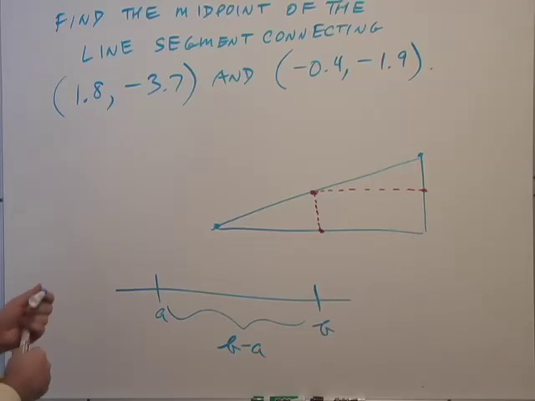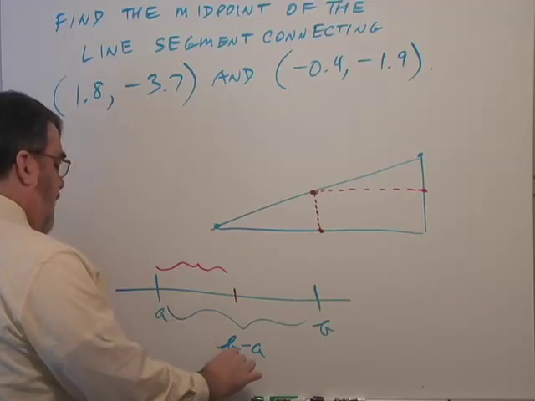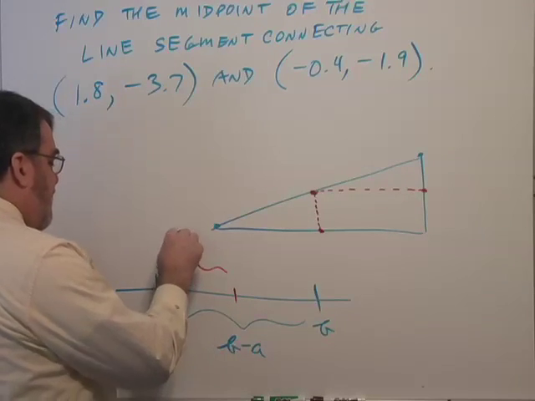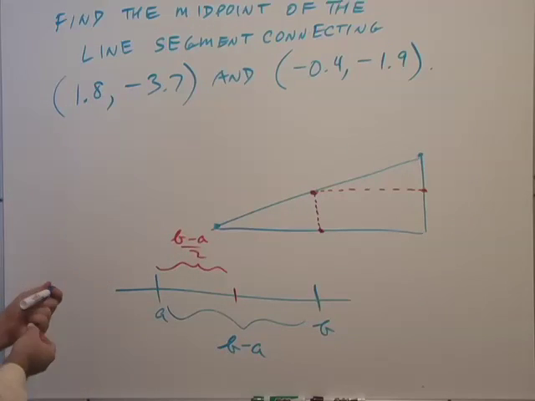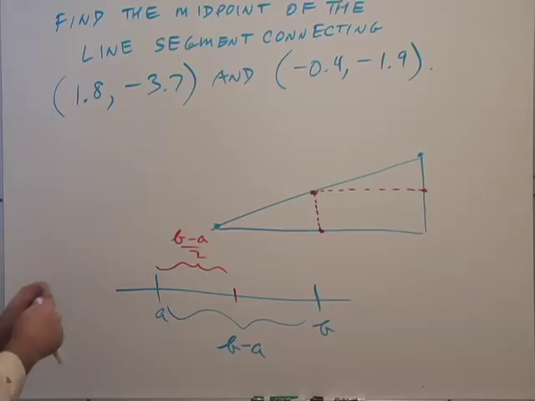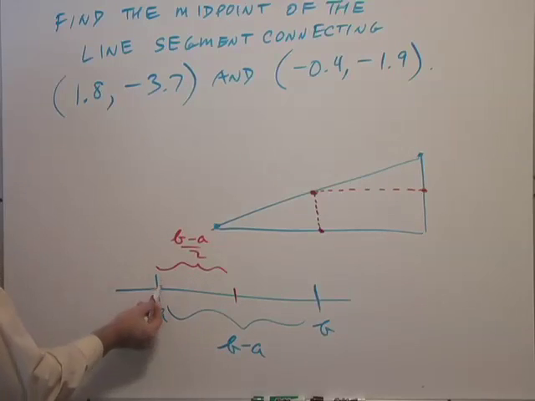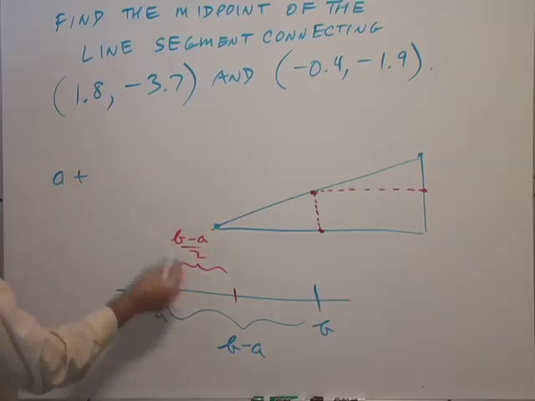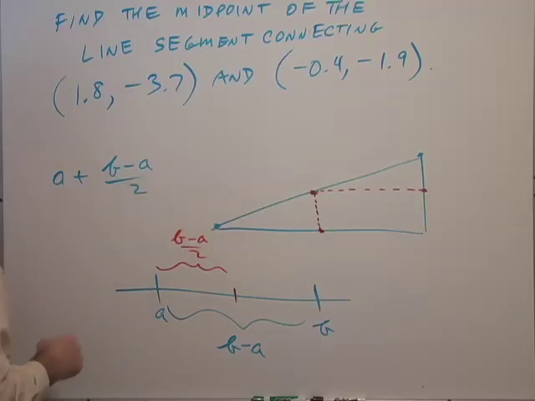And so if I want to go halfway, then I have to add half of this difference, b minus a over 2. I have to add half of this distance to a, and so this point here would be a plus the distance, b minus a over 2.